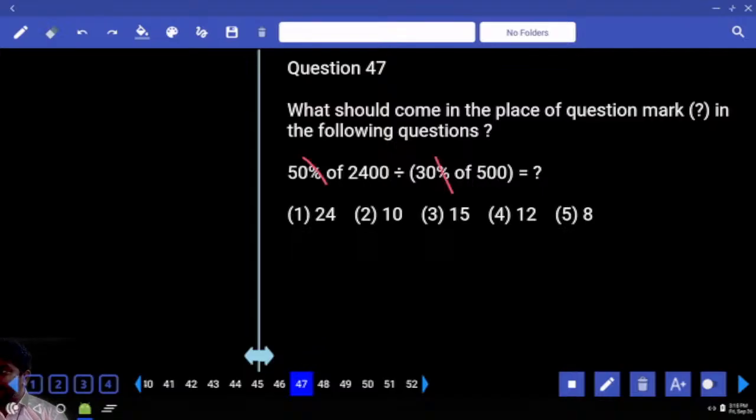Percentage cancel because both the numbers are inside the bracket, so both will be in the complete denominator. Percentage cancel. 3 zeros cancel. 5 cancel. 3 8 times, fifth option.